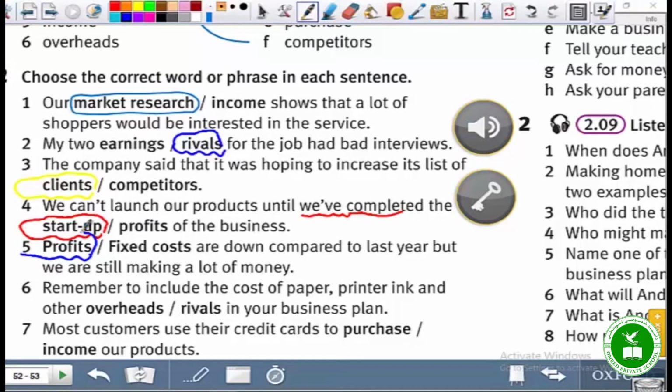What does profits mean? Getting money, or getting extra money, from our company. Okay. So, what about number 6? Which one is correct? Overheads or rivals?